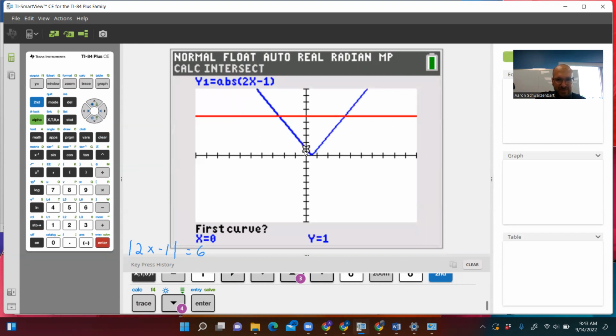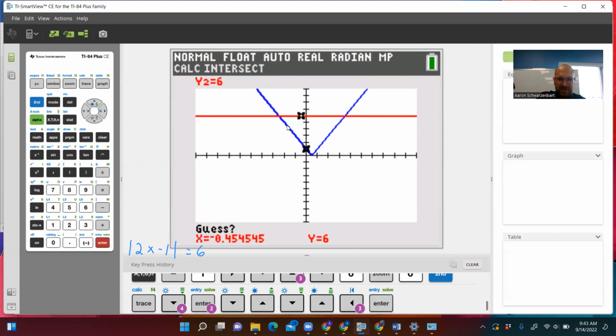Now, intersect asks me for 2 different things. It says first curve. Well, I'm on one of my 2 curves or lines. It's going to call everything a curve. But it's on one of my 2 curves or lines that does intersect. So I hit enter. It jumps to another one. You can jump back and forth with the up-down arrows. But you want to be on the one you didn't have.